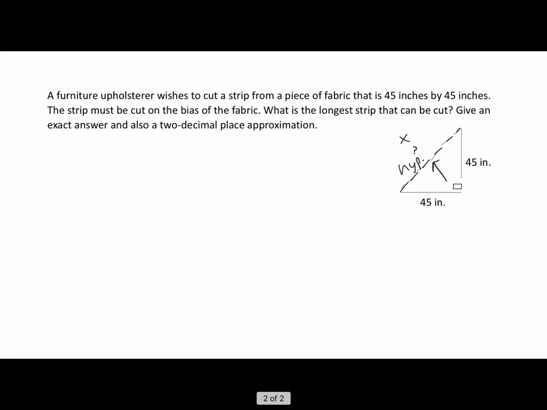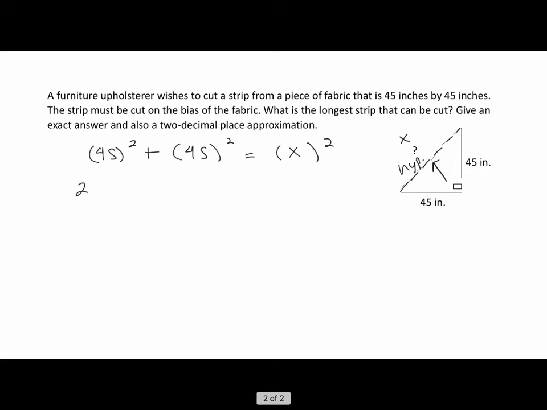We're going to use that relationship, the Pythagorean theorem, that the side squared plus the side squared equals the hypotenuse squared. So we've got side 45 and 45. Those are the two leg sides, and the hypotenuse is unknown. So that equation relates the known to the unknown.